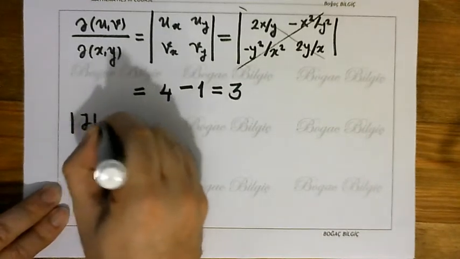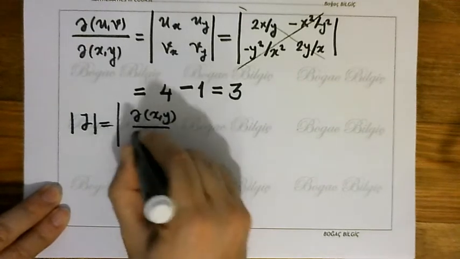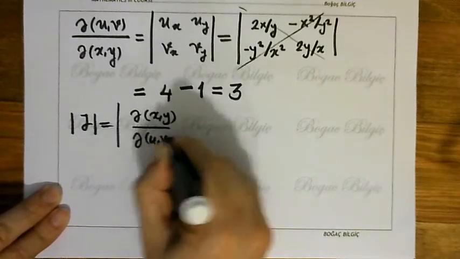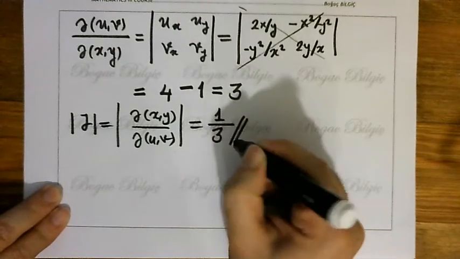So the Jacobian del x y over del u v is equal to 1 divided by 3.